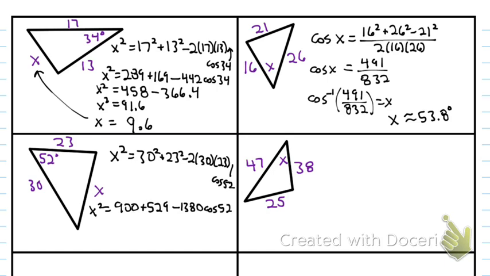Now I'm going to put the 900 and the 529 together, so that's 1,429. Then it's minus 1,380 times cosine of 52, which comes out to be about negative 849.6. We subtract that, and that comes out to be about 579.4.